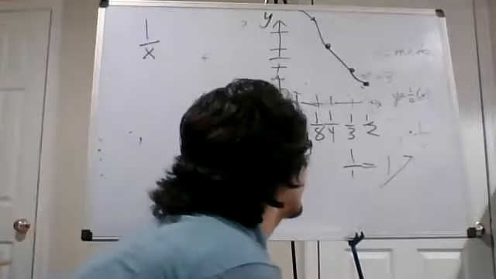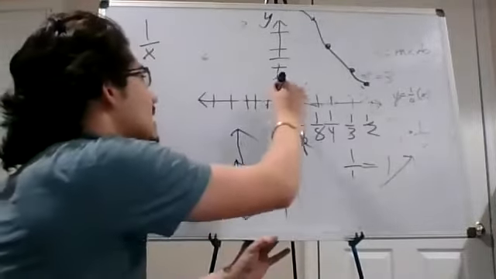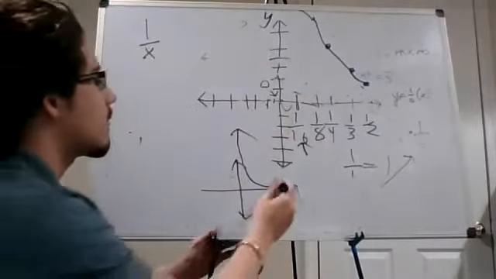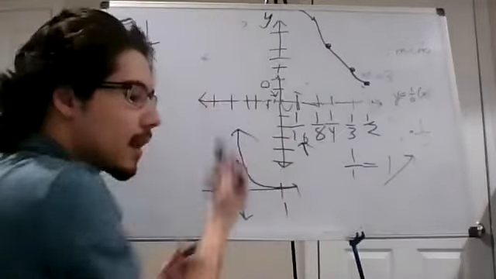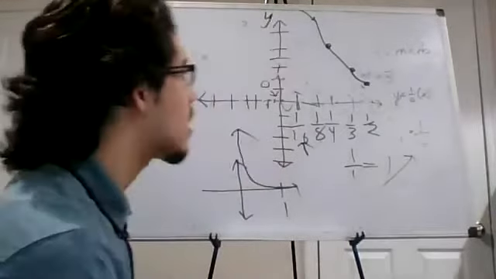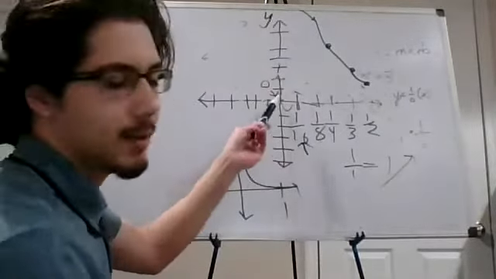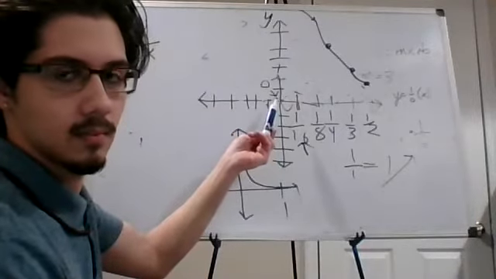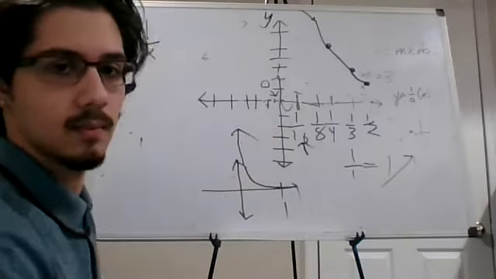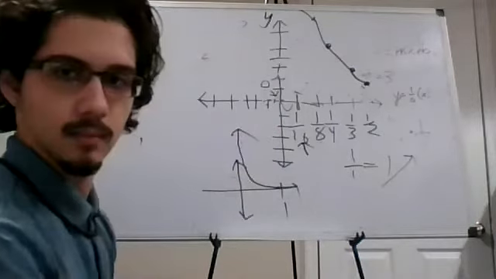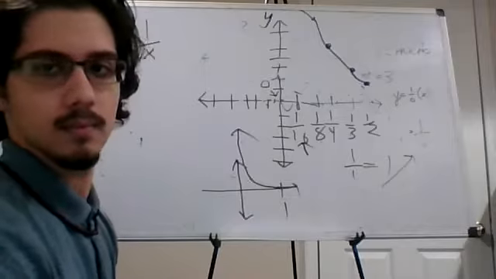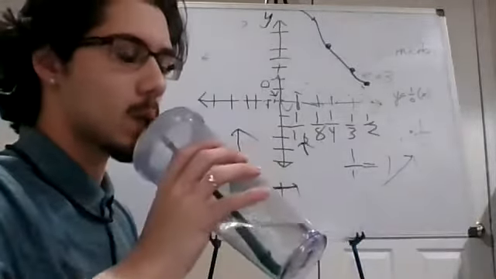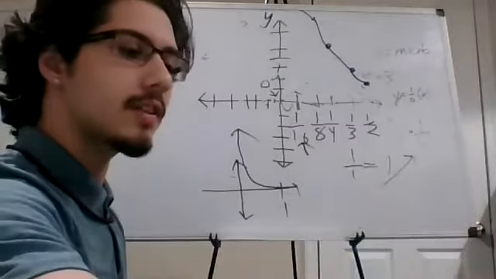So when we get to the point that the x value equals 0, and if this goes up forever, what can we determine about what this value might get to? If you don't know, please say.